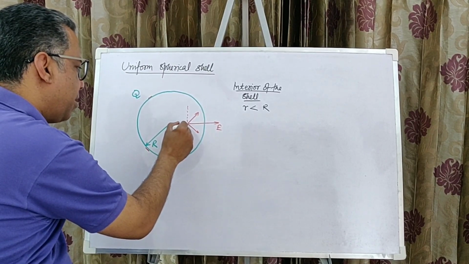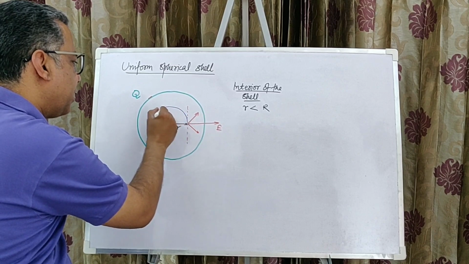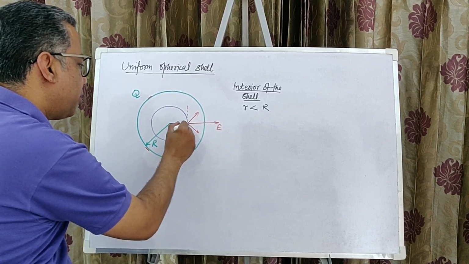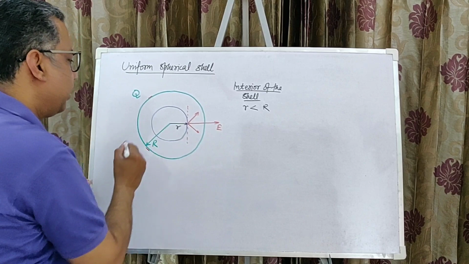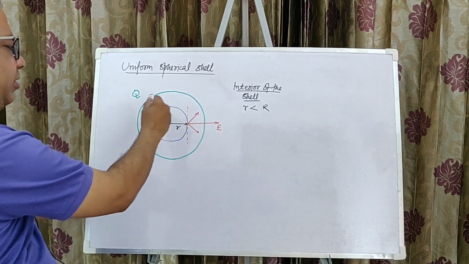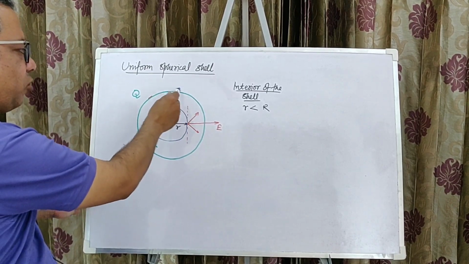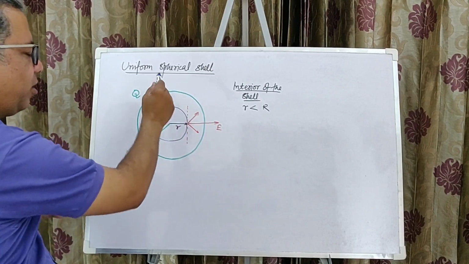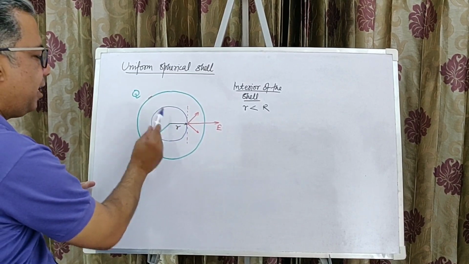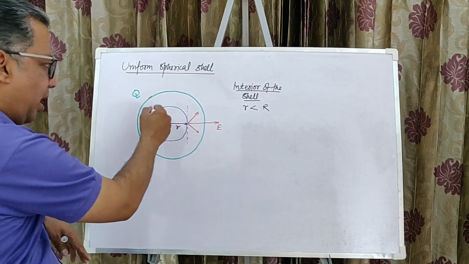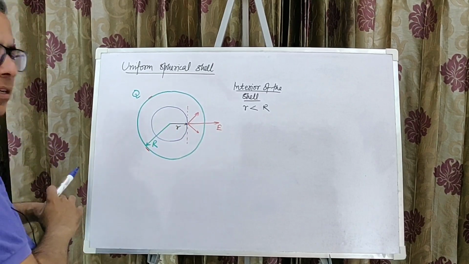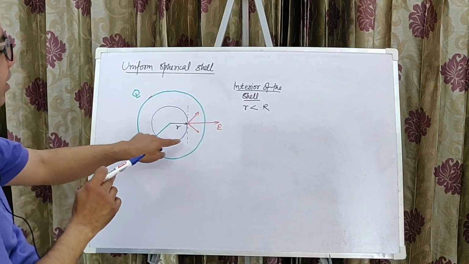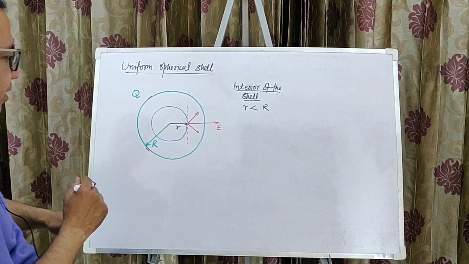What I do is I draw a spherical shaped Gaussian surface here. So this is a spherical Gaussian surface which is concentric with the shell. Concentric meaning it has the same center. So I've drawn a concentric spherical surface as my Gaussian surface.